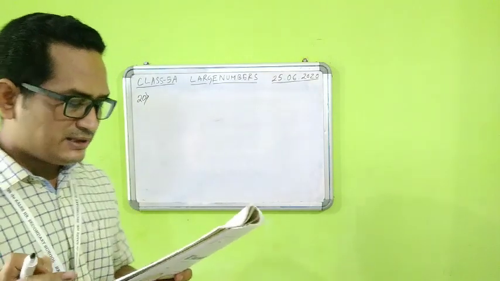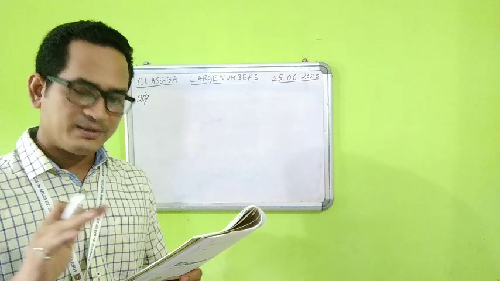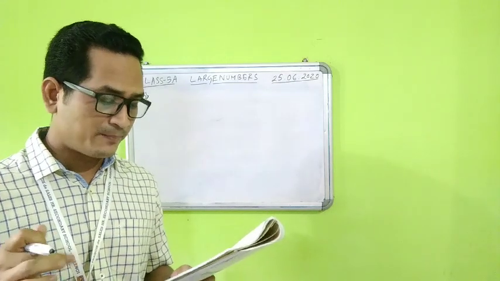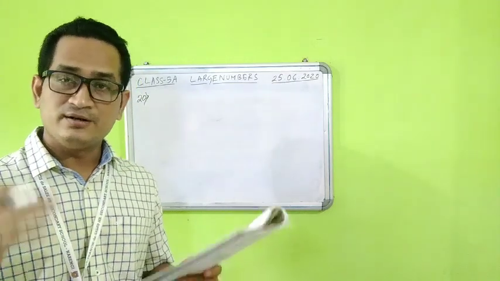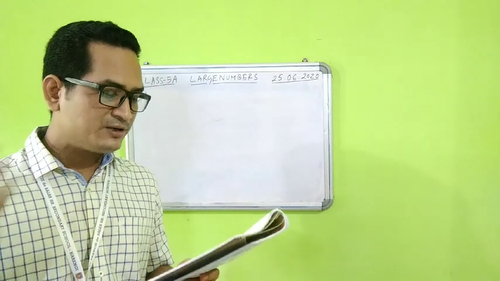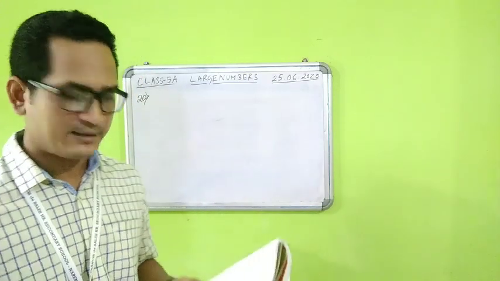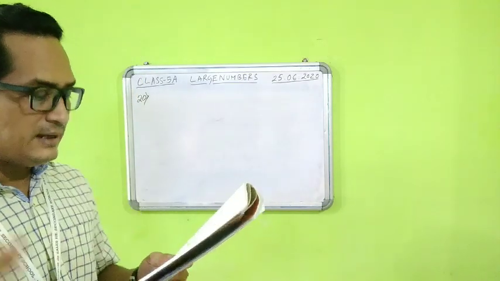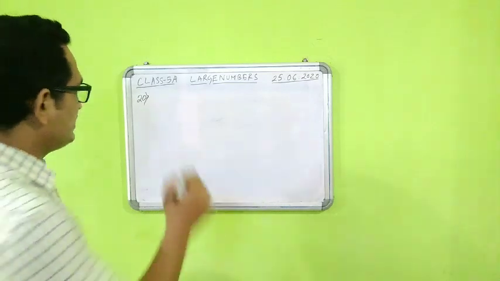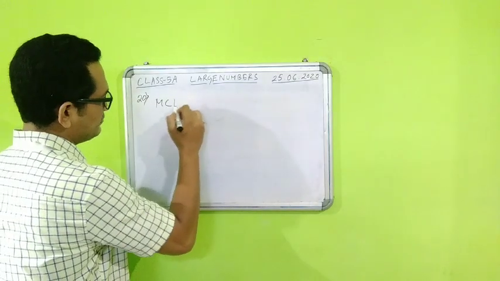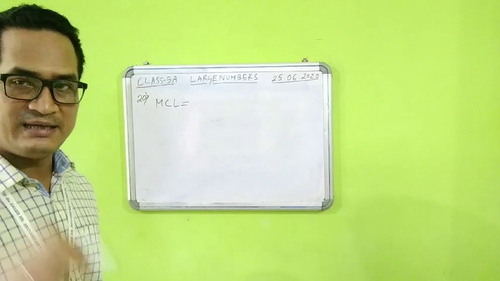So we have to see that in the first semester she got a different mark, in the second semester she got a different mark. Now we need to convert both into Hindu-Arabic first, and then we need to find out the total marks in Hindu-Arabic. So first of all, let us write down MCL. MCL stands for how much? That is, in the first semester how much did she get? MCL marks.